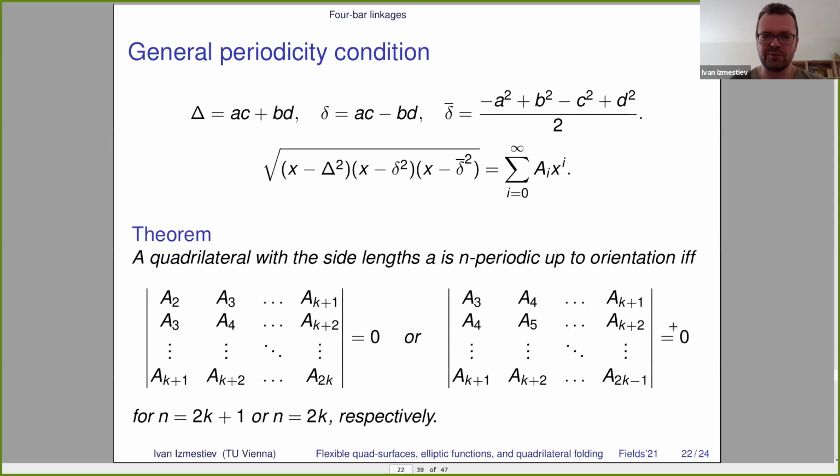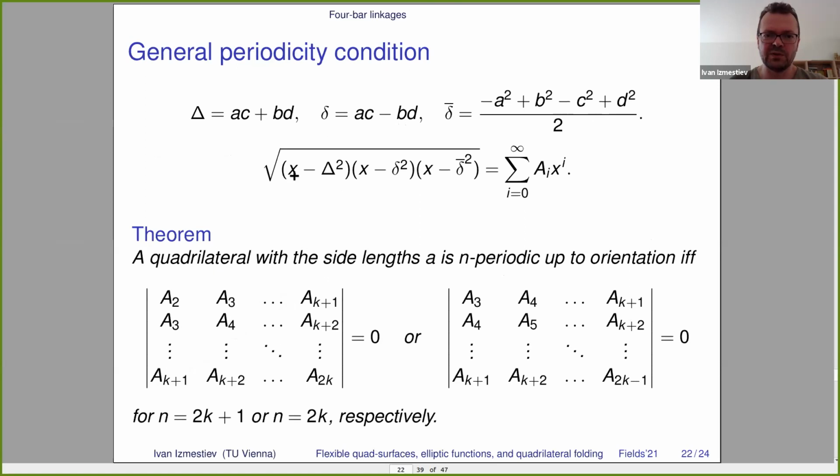There is a general formula for any n. Let A, B, C, D be the edge lengths of the quadrilateral. Denote AC plus BD by capital delta, AC minus BD by small delta, and by delta bar this expression, just the expressions that jump into your mind.